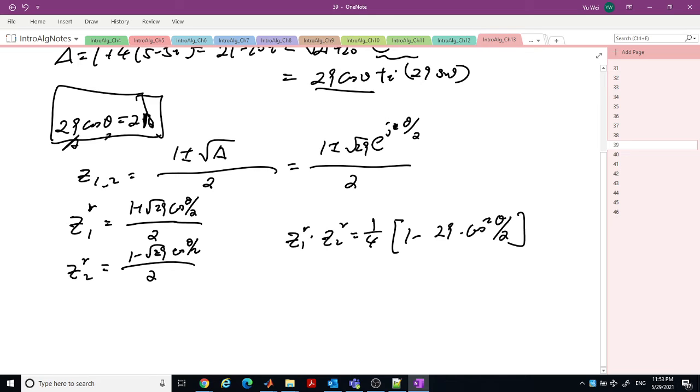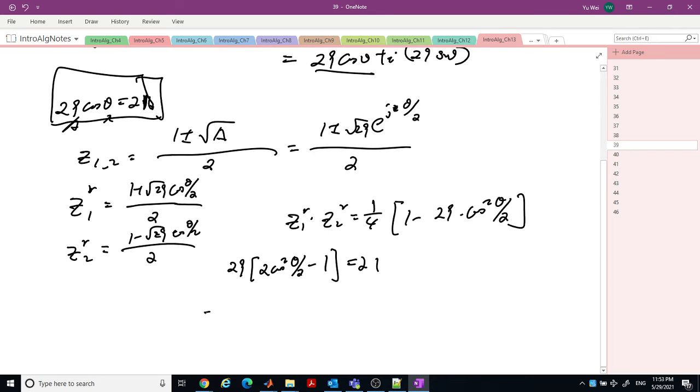So now per trick we know 29 cosine theta is 29 times (2 cosine squared of theta over 2 minus 1), which is equal to 21. Then we can solve it as 2 cosine squared of theta over 2 is equal to 21 over 29 plus 1, which is equal to 50 over 29.